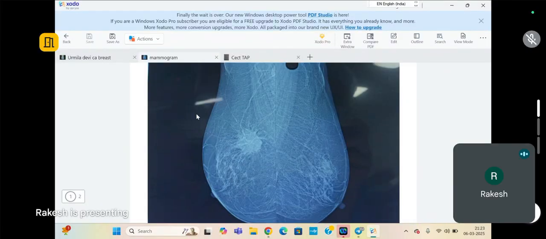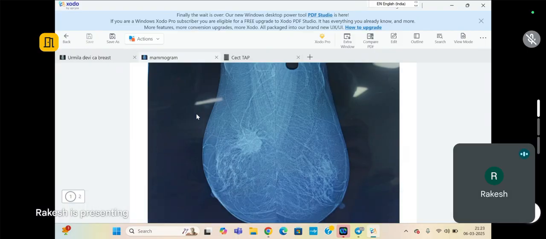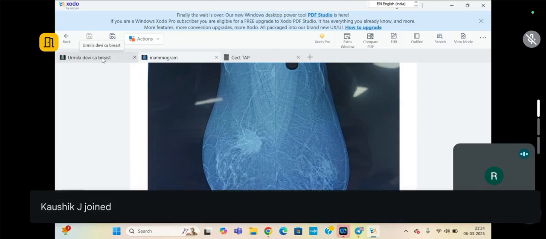In ultrasound, hypoechoic breast lesion in the right breast in whatever quadrant, like I'm saying. Tell whatever quadrant in whatever clinical examination you told, no? Same thing you told. Okay, ma'am. So in upper inner quadrant, according to that last case I presented. So that was at 10 o'clock. So I'm saying like that.